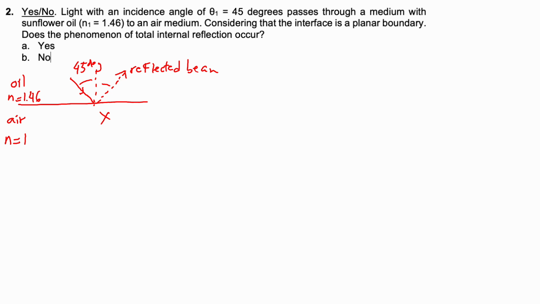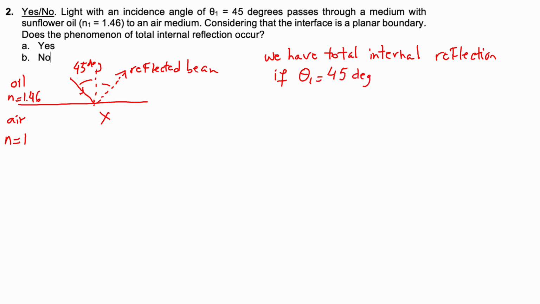So we know that we have total internal reflection if the incident angle, which is gonna be 45 degrees, is higher than the critical angle.